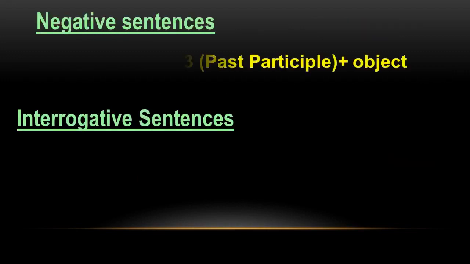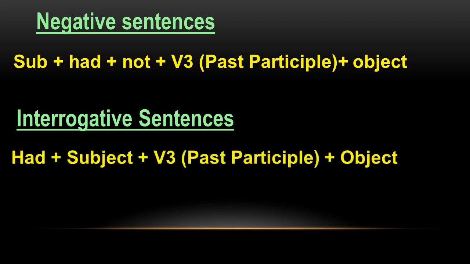For negative sentences, subject plus had plus not plus third form plus object. Then for interrogative, auxiliary had will come forward: had plus subject plus third form of the verb plus object.